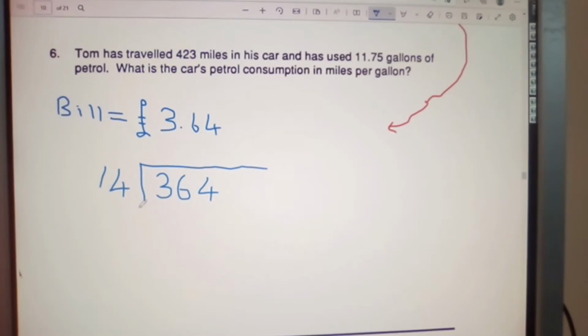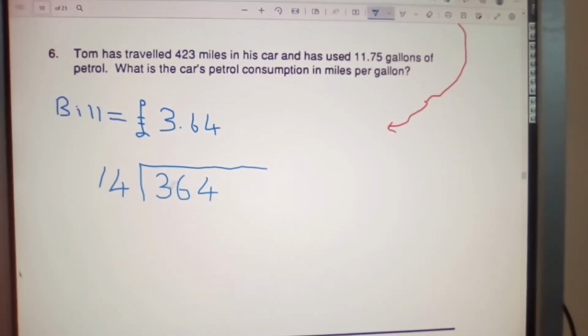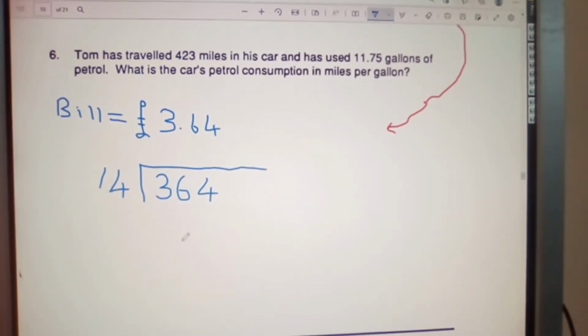Now, how many times does 14 go into 36? That's a good question. Well, we know it can go twice, because 14 times 2 is 28. So 14 into 36 goes twice. What's the remainder?